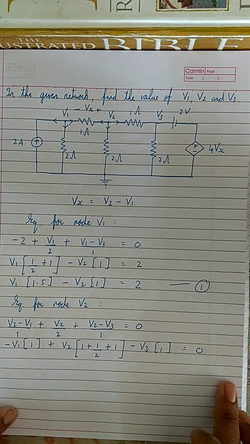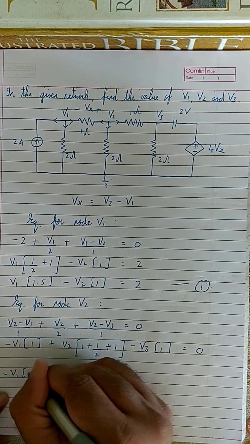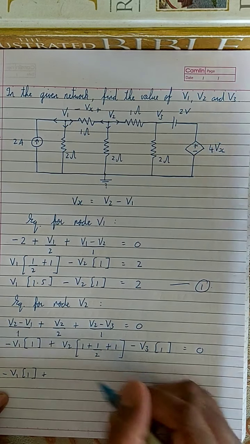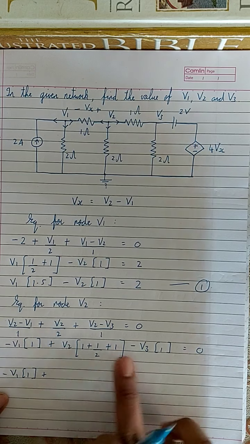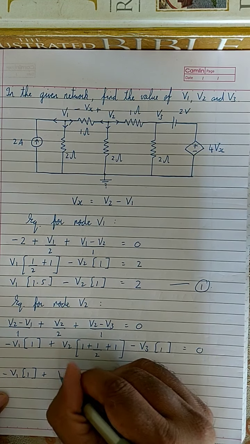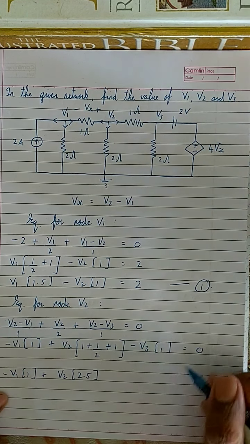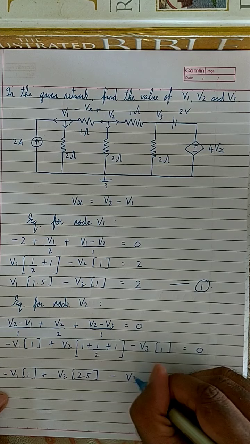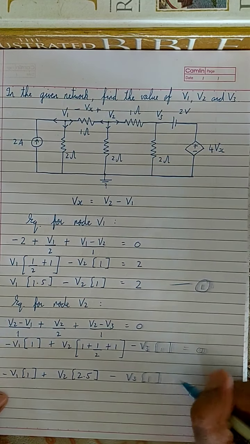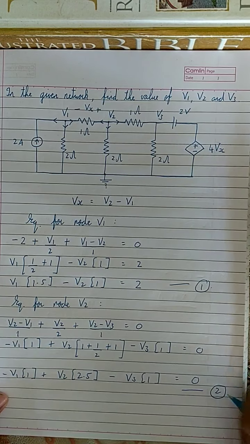Right? This is the term. Or in other words, this will become minus V1 into 1 plus V2 into, what is this? This is 1 plus 1 is 2, 2 plus half is 2 and half, 2.5. So this is V2 into 2.5 minus V3 into 1 is equal to 0. This is equation 2.